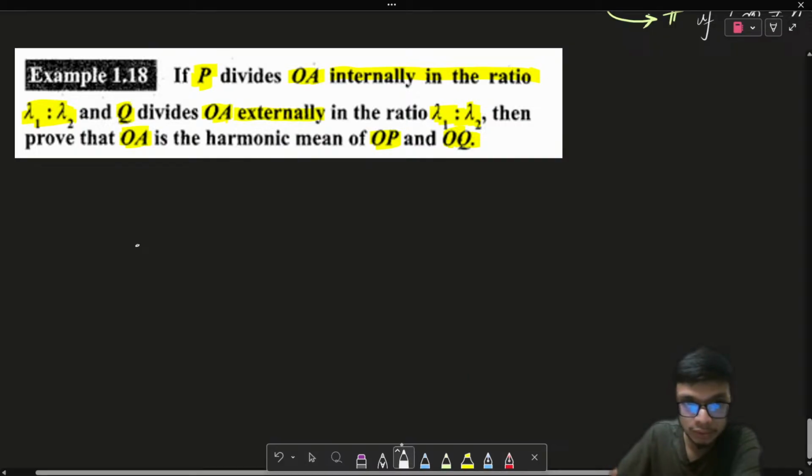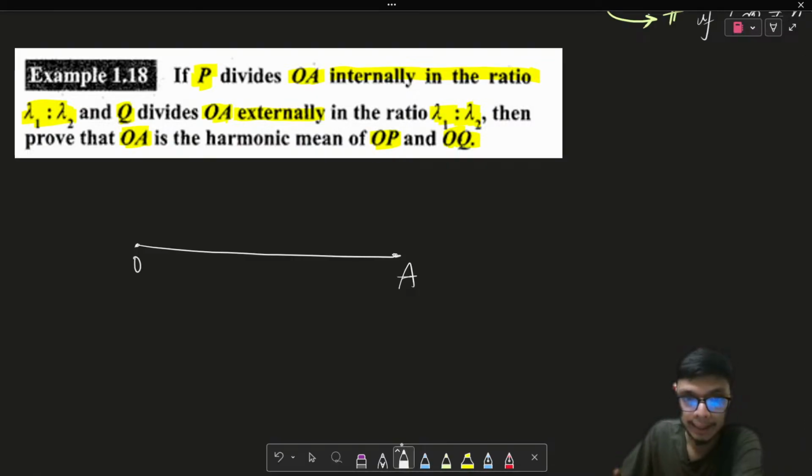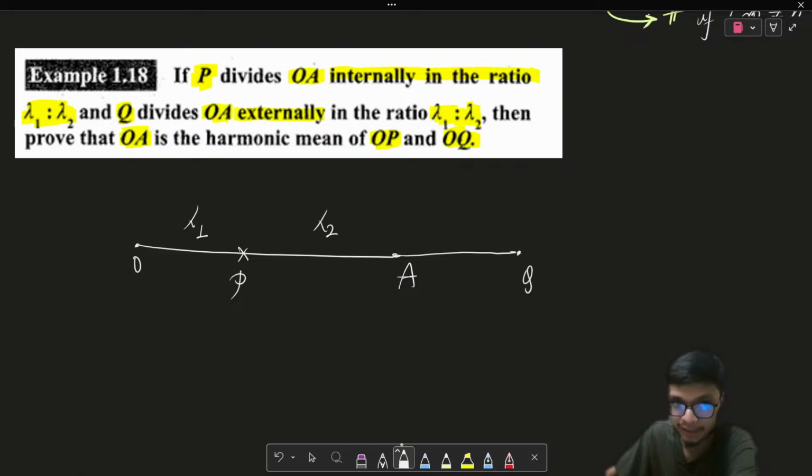So if I try to represent this O and this A point somewhere over here, what I see is that P point is divided internally in the ratio lambda 1 is to lambda 2, and this Q point is divided in its external division. So this is the external point, and it is again dividing the line OA in the same ratio lambda 1 is to lambda 2.